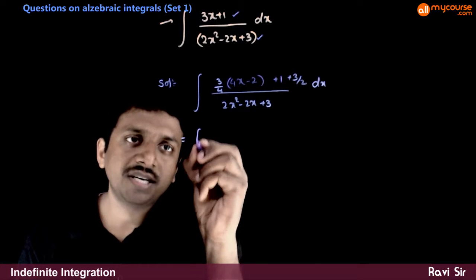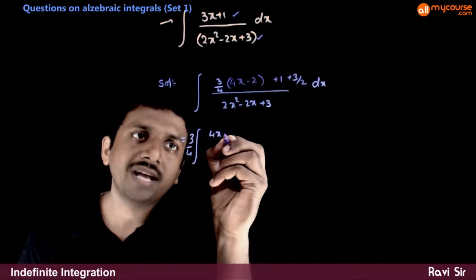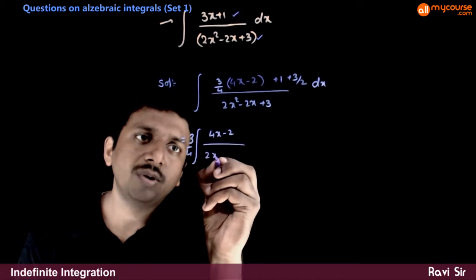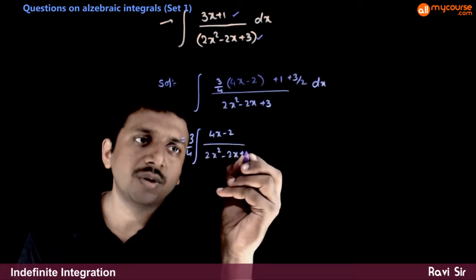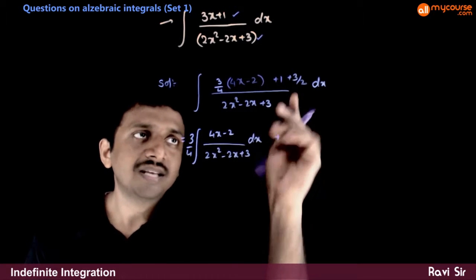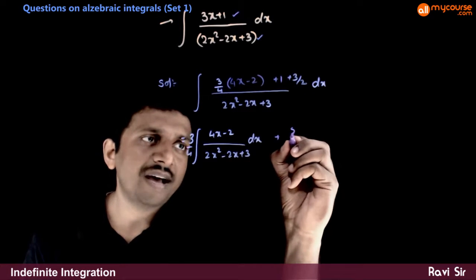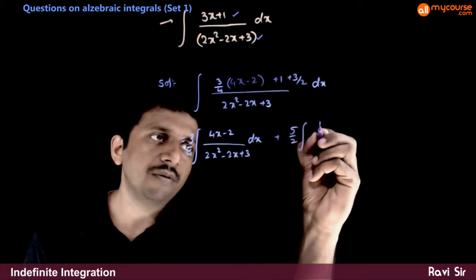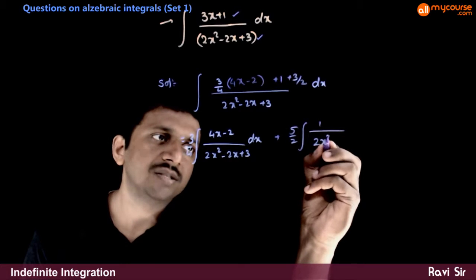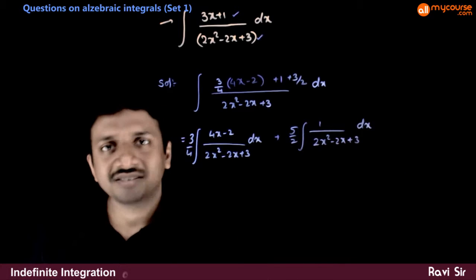So that is equal to the integration of 3/4 of (4x − 2) by (2x² − 2x + 3) dx. This goes separately, plus 1 plus 3 by 2 is nothing but 5 by 2, so 5 by 2 times the integration of 1 by (2x² − 2x + 3) dx.